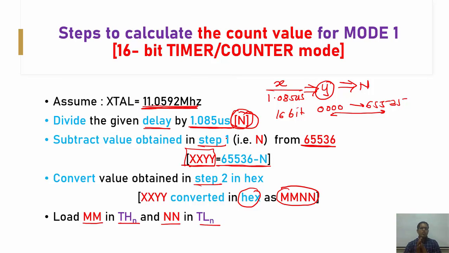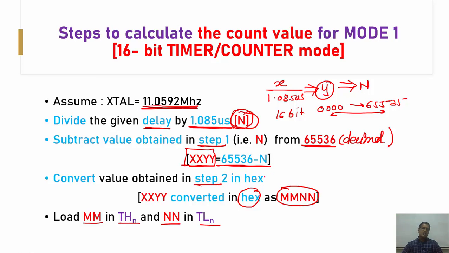So these are the 4 fixed and constant steps that are useful to calculate the count value that needs to be loaded into the timer. First, whatever amount of delay needs to be introduced into the program, we divide that by 1.085 microsecond. Then this obtained result we subtract from 65536, and the result I get here is in decimal format.